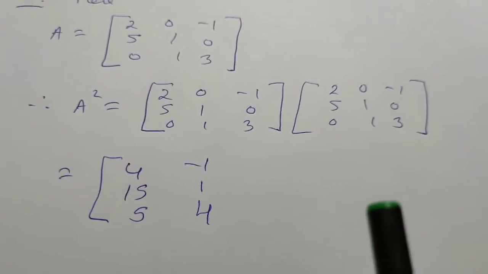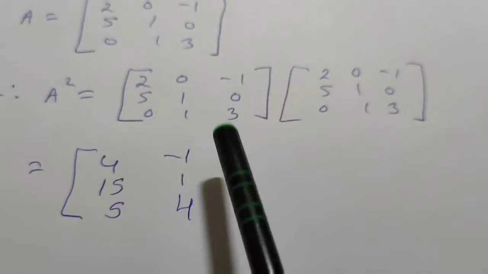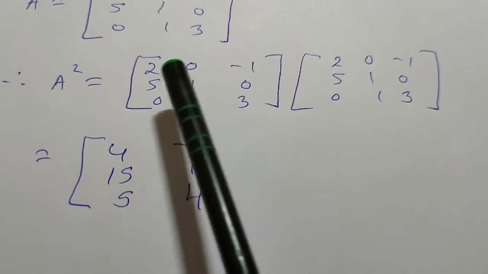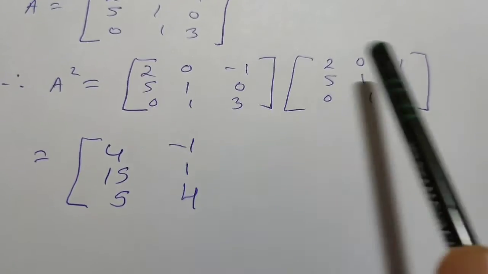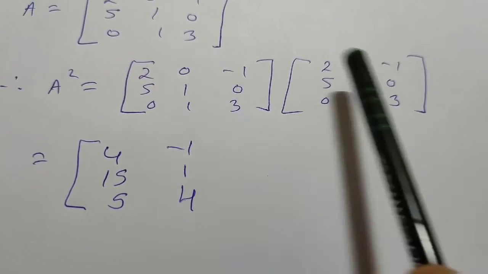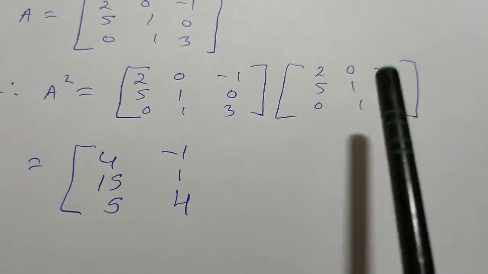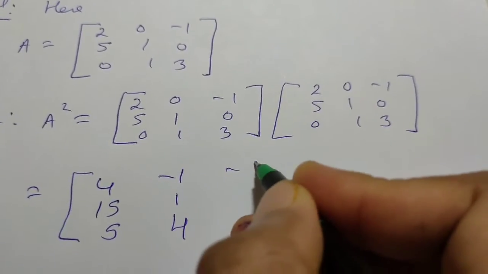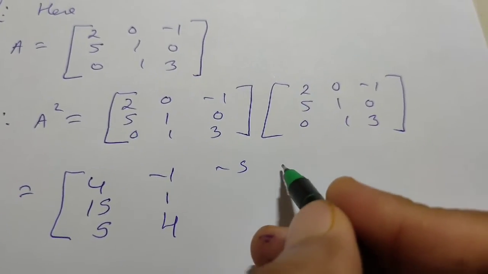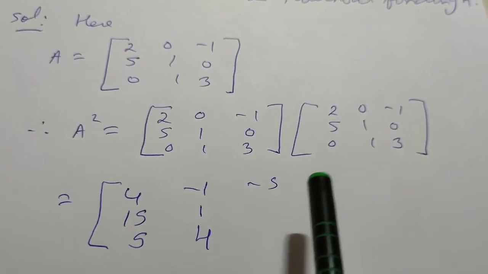Now let us find the third column. The first entry will be obtained by multiplying R1 with column 3. So 2 into minus 1 is minus 2, 0 into 0 is 0, minus 1 into 3 is minus 3. So minus 2, minus 3, total will be minus 5. So this is the first entry of column 3. Now we will get the second entry of column 3.